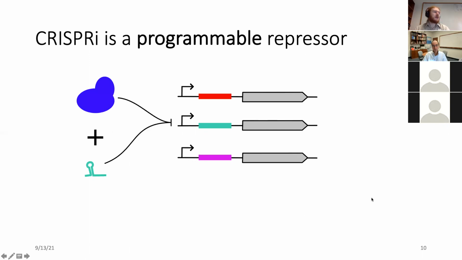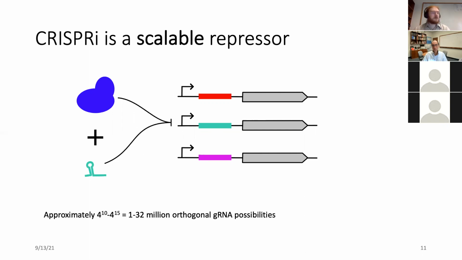By expressing different guide RNAs, it becomes a repressor that targets different sequences. And the only thing you need to change to make it target those different sequences is the sequence of the RNA itself. And we expect that there are on the order of single digits to tens of millions of possible guide RNAs that you could use in principle in the same cell. So this is perhaps an extremely scalable version of a repressor.